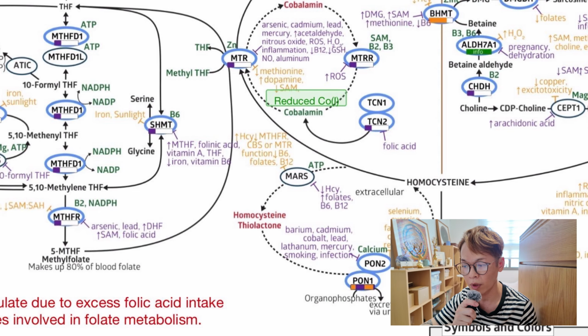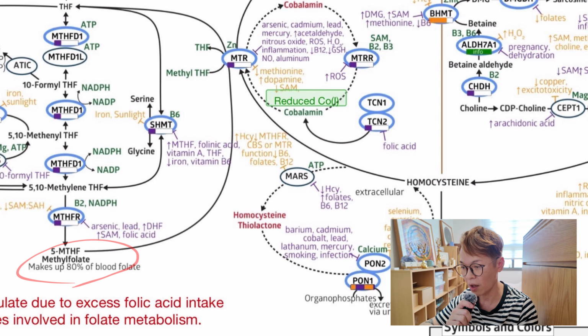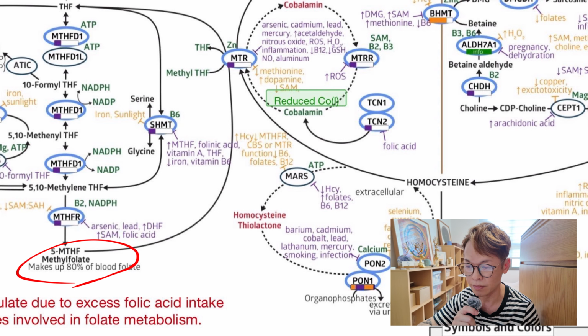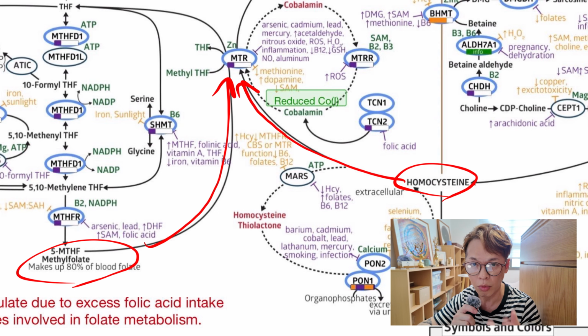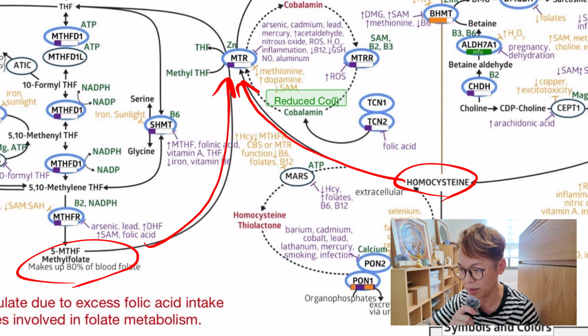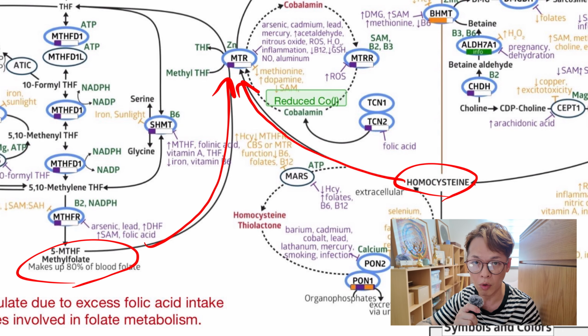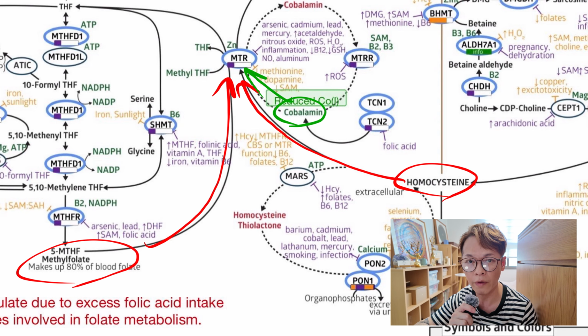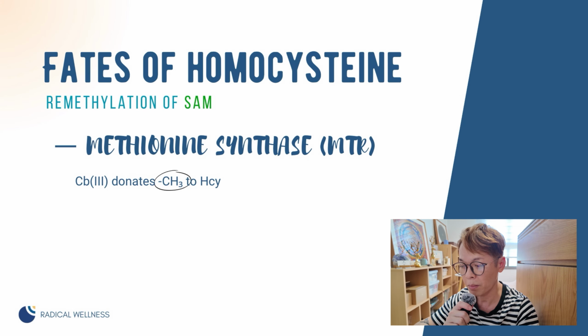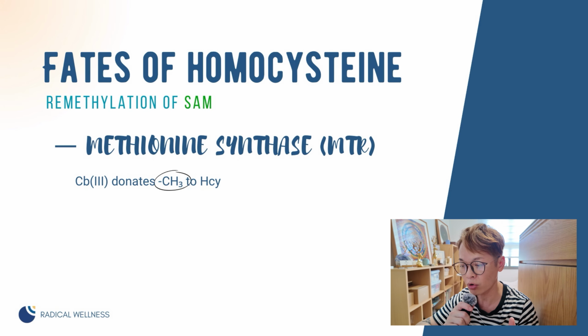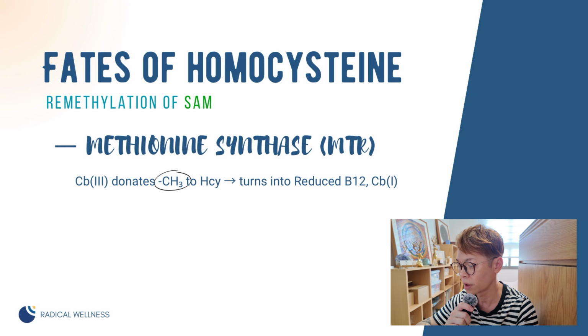So now let's put methylfolate and methylcobalamin into the picture. Methylfolate is the active form of folate, which we want at least 80% in our bloodstream. Methylfolate donates a methyl group to homocysteine in the remethylation pathway via this enzyme, MTR, and these reactions require methylcobalamin as a cofactor. To make it clearer, there's a couple of reactions going on at these junctions. First, methylcobalamin donates a methyl group to homocysteine and turns into a reduced form of B12.